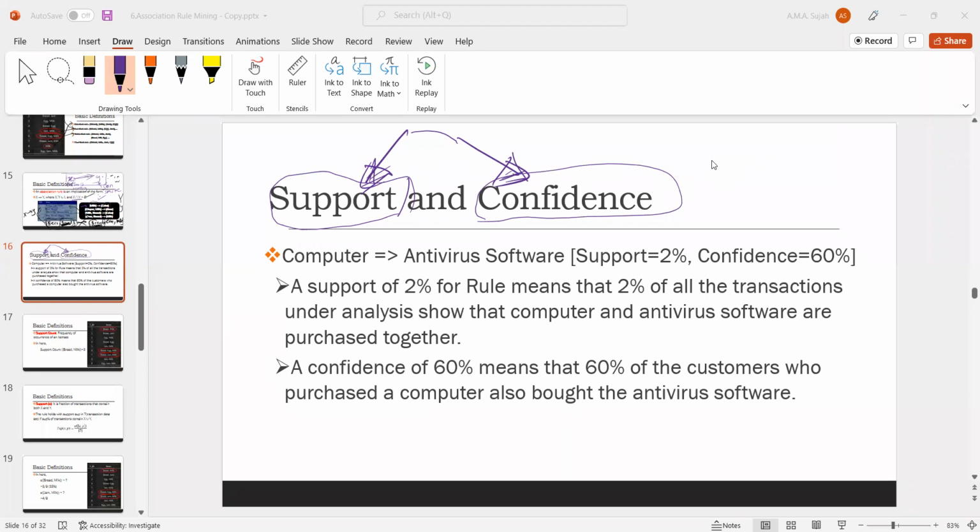There are a lot of things in a shop. Say there is a shop in Colombo. Every day people visit the shop and buy different things. Some people buy computers and antivirus software, some buy network devices, routing devices or switches. The people visit the shop and buy whatever they want.